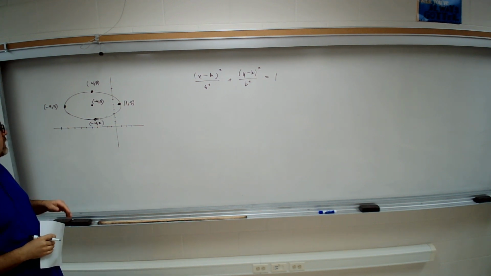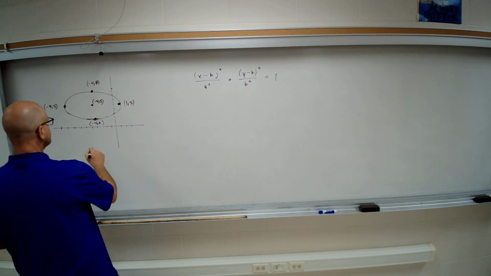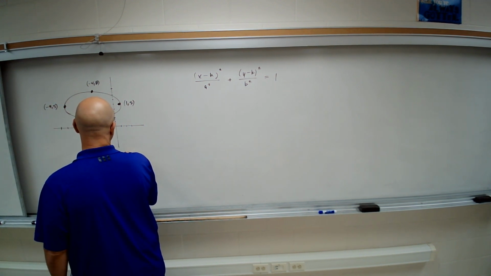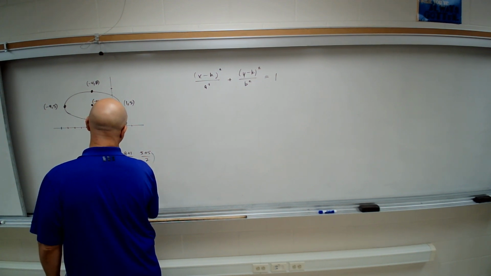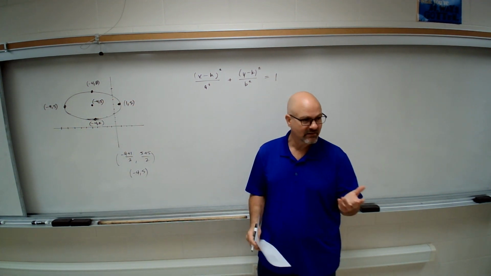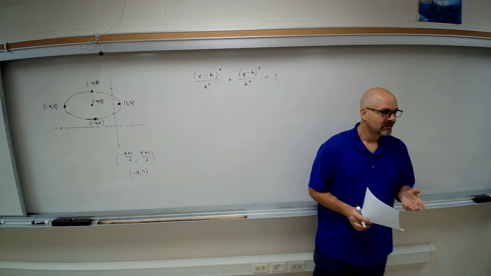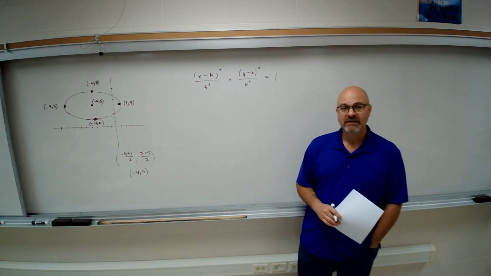Okay. Now you could have averaged these too. If you take these two endpoints on the major axis, you could say -9 plus 1 divided by 2, and then 5 plus 5 divided by 2, and that would give you (-4, 5) also. So there's a couple ways to do that. We talked about with circles, you look at a diameter and then find the midpoint.